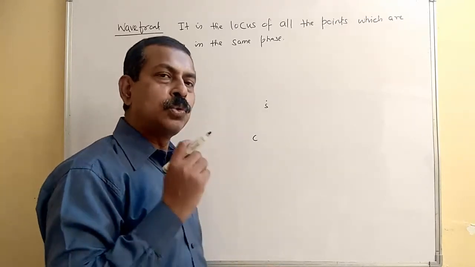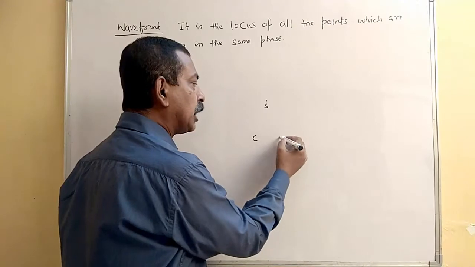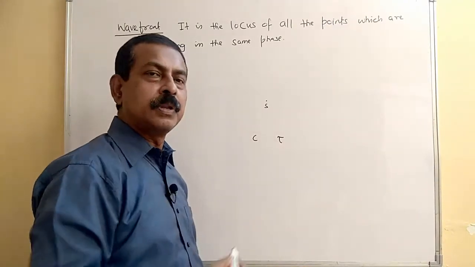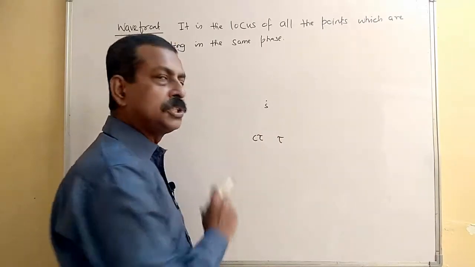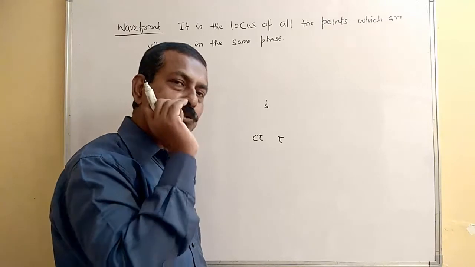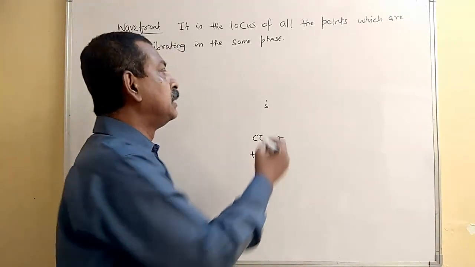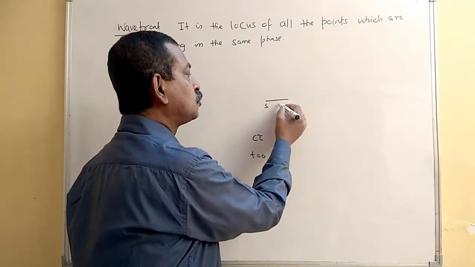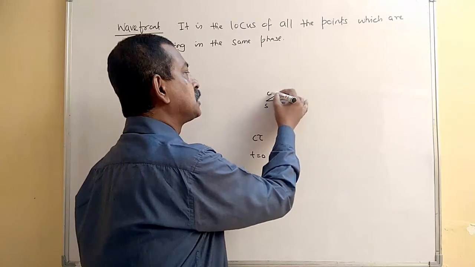Suppose I want to know the position of the wave after time tau. So that means the distance traveled will be c into tau. So all those waves which has originated at t equals to 0, they will be now at a distance of c into tau in all possible directions.